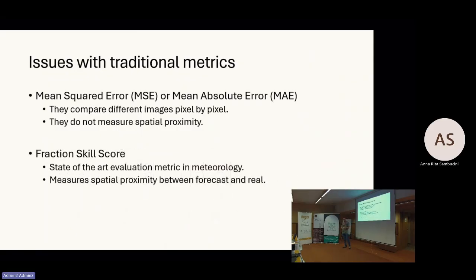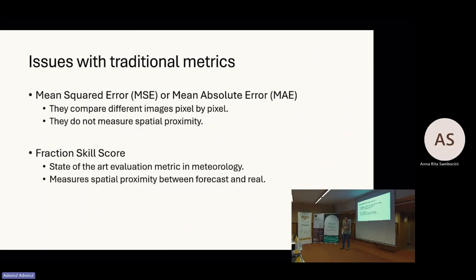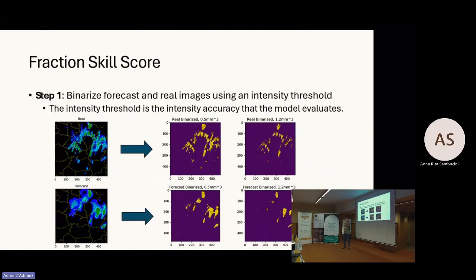In meteorology, there's a state-of-the-art metric called fraction skill score, which takes into account spatial proximity. I'm going to explain briefly how it works. It consists of 3 steps. First, instead of comparing the real image with a forecast directly, we choose a precipitation intensity value which we want to compare.